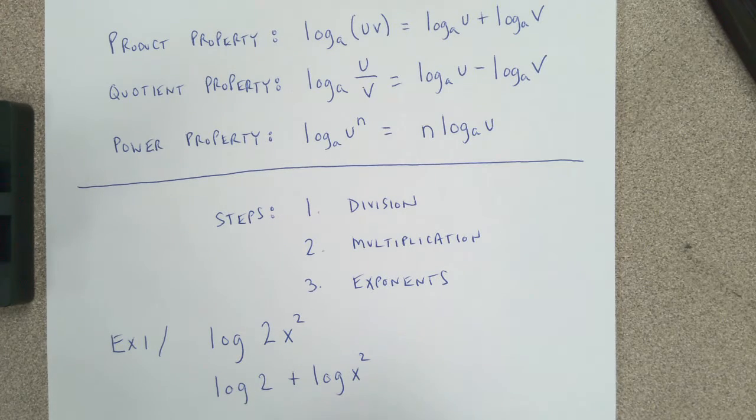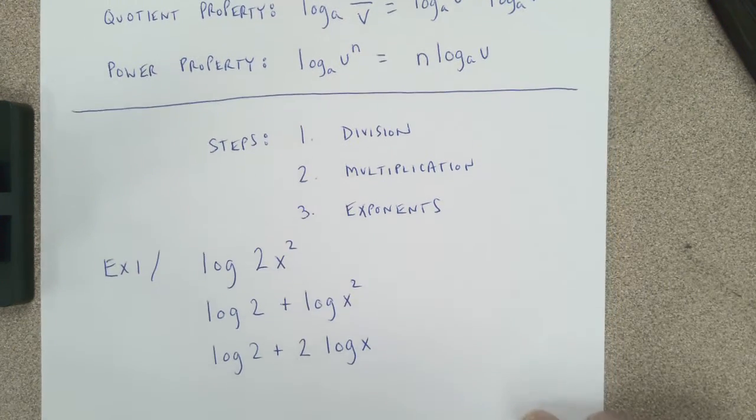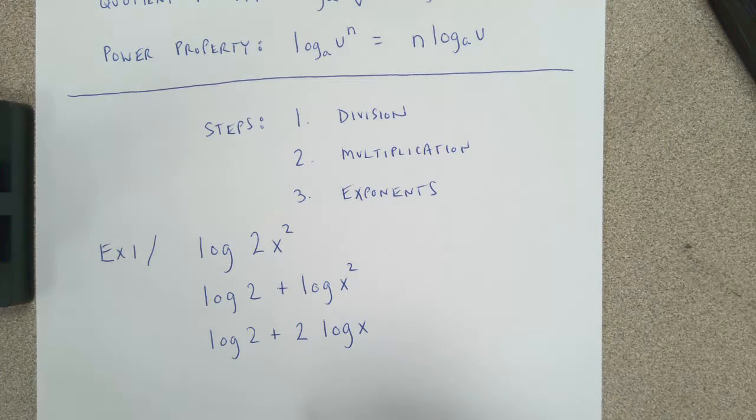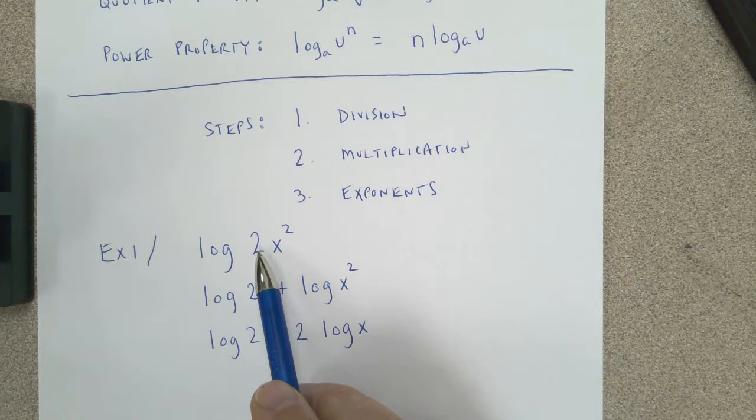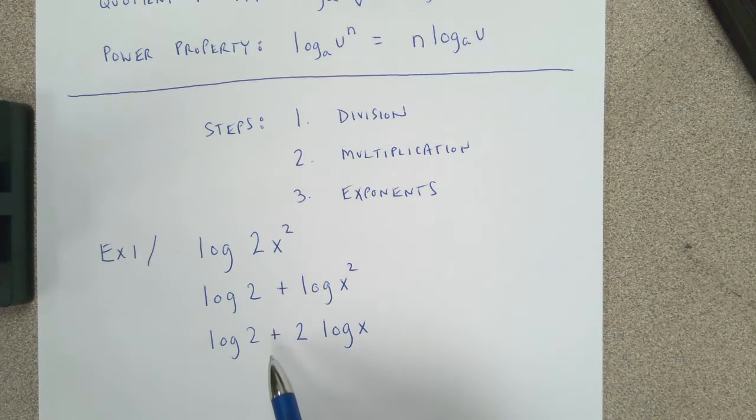From here, nothing we can do with the first one, but the second one we still have an exponent, so this becomes the log of 2. The exponent moves to the front, so 2 log of x. Okay, so we did the product property, and then we did the power property to move the exponent to the front.